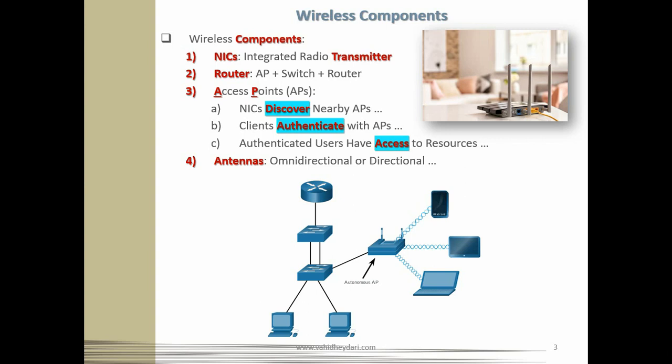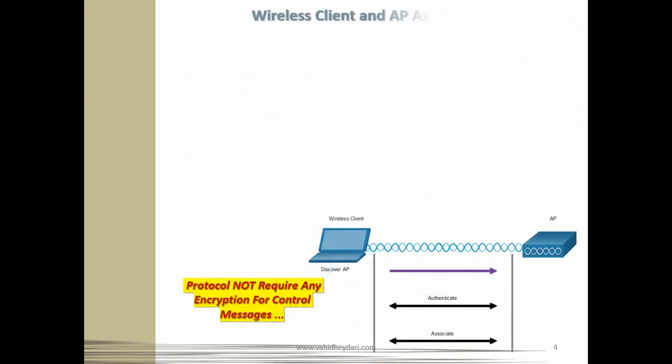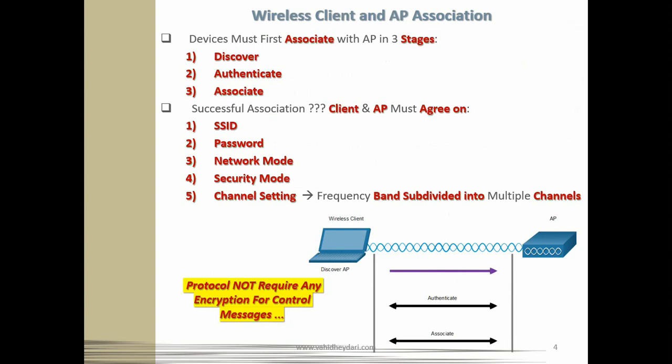But I'm not going to go through that in detail. Instead, in the next slide, I want to see in more detail how a device is authenticated to an access point and where the vulnerabilities are.